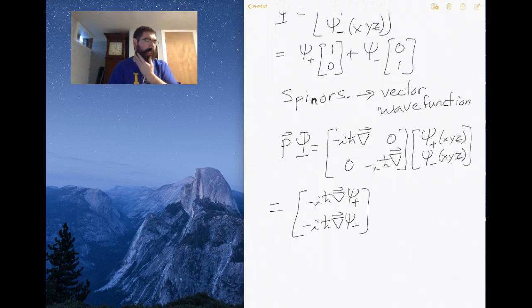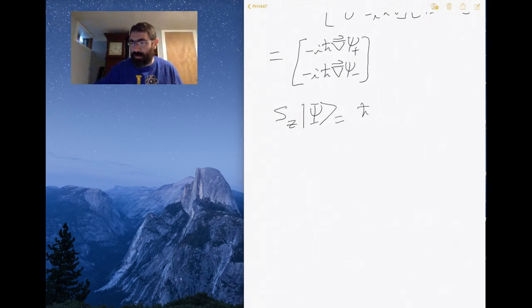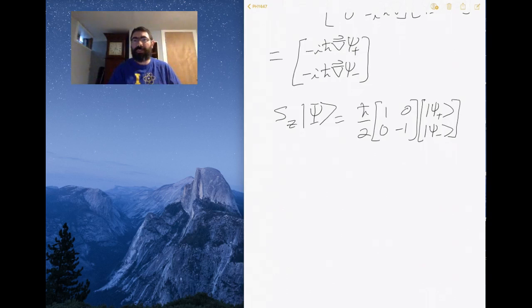So if I look at, say, the z component, let's do a transformation of the z component of spin. What happens when it operates on, now I'm going to write it as a state, not a wave function, this state psi. That's the same thing as saying h bar over 2 times the matrix 1, 0, 0, minus 1, operating on the vector of states psi plus, psi minus.